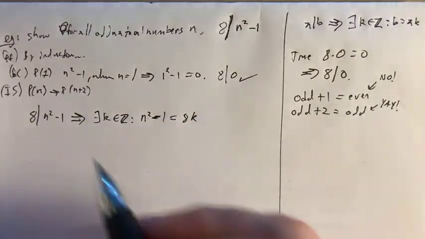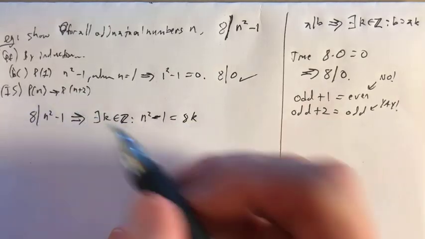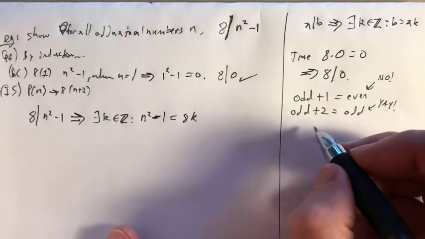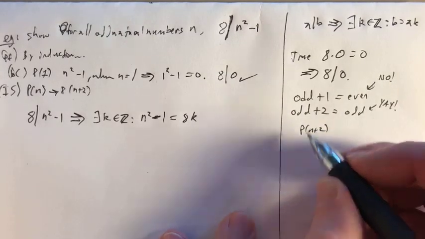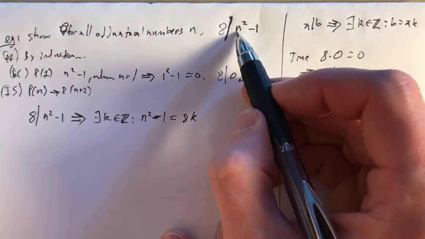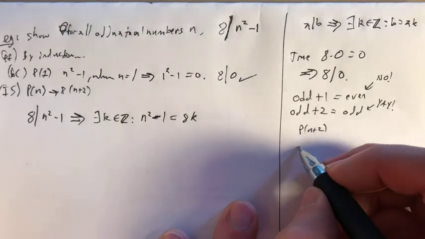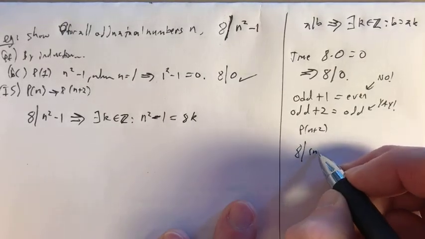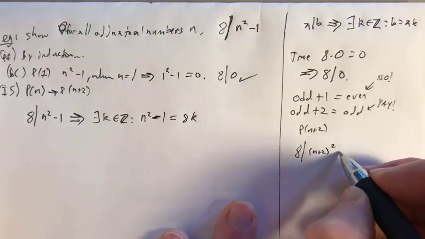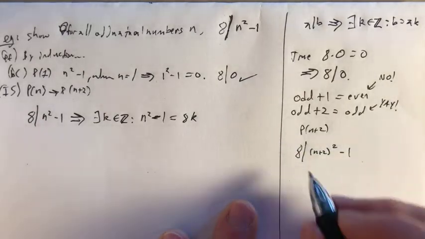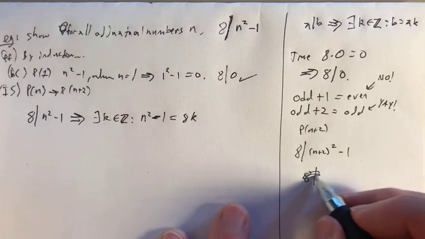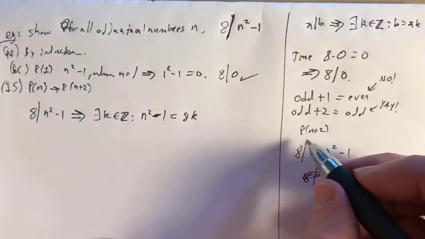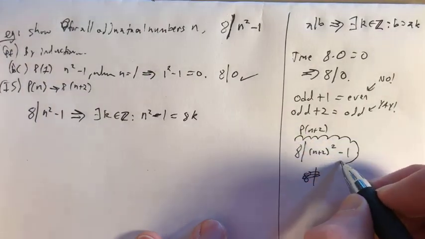All right, now, what would this statement look like for P of n plus 2? Let's do our goal cloud. What is P of n plus 2? Well, I'm going to replace this n by n plus 2. So that means 8 divides the quantity n plus 2 squared minus 1. Maybe we should simplify this right-hand side, but let's just leave it like that. So this is our goal cloud.